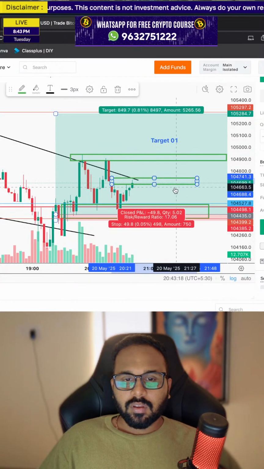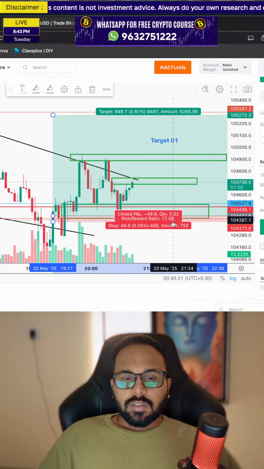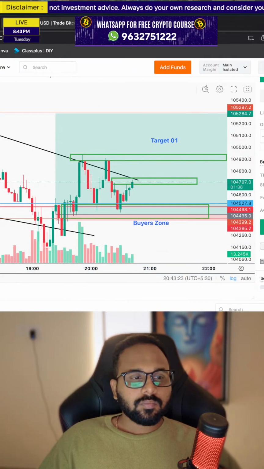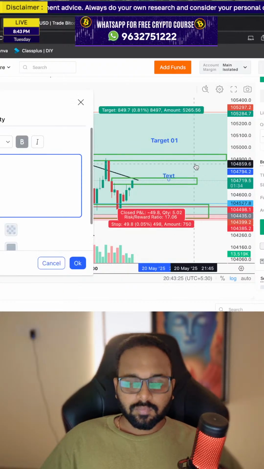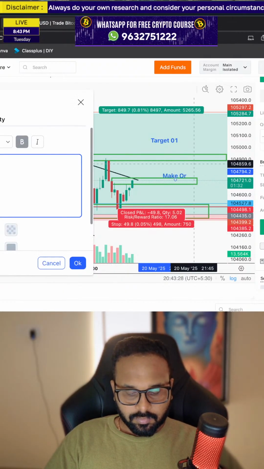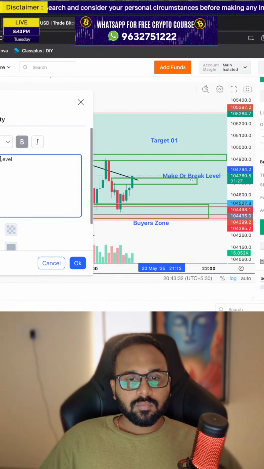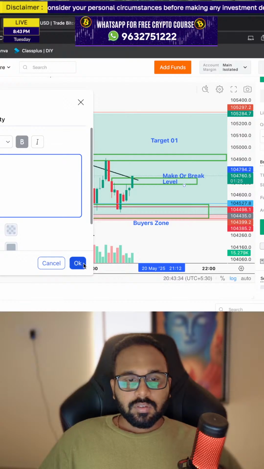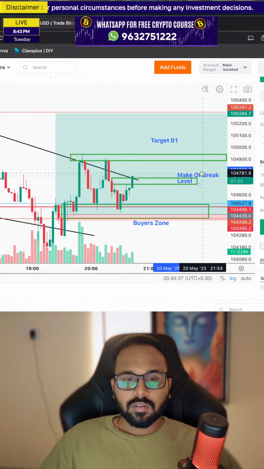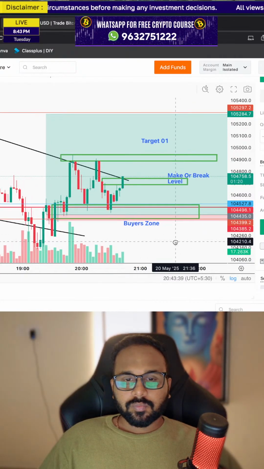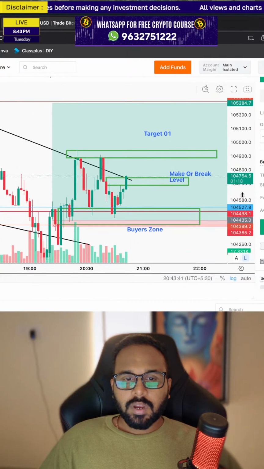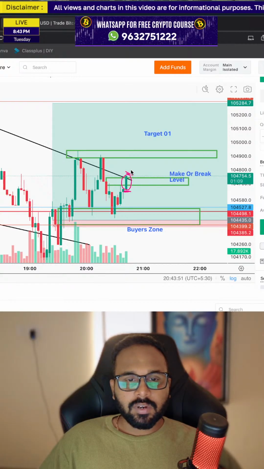Okay, it is sustained above that. So now what I would suggest people is to move your stop loss to this candle, because this candle still has 1 minute, it's not yet given closing.